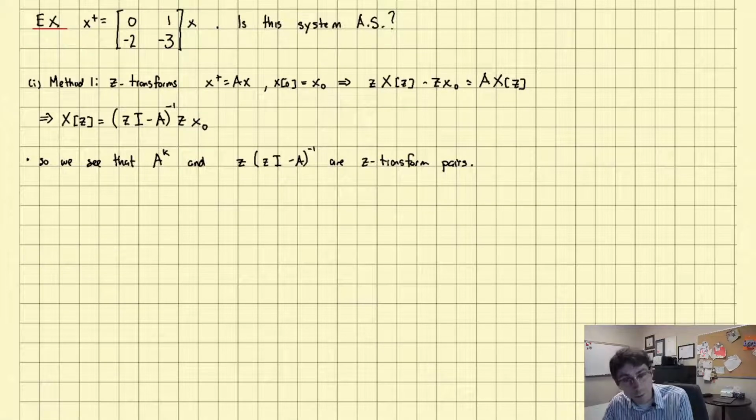In other words, if we wanted to check for asymptotic stability, we can compute that X of Z, that expression that I have there, and then go back to the time domain, and then we'll have A to the power of k. Okay?